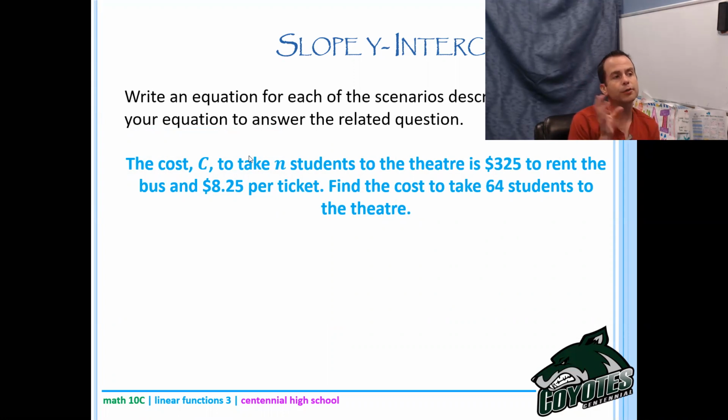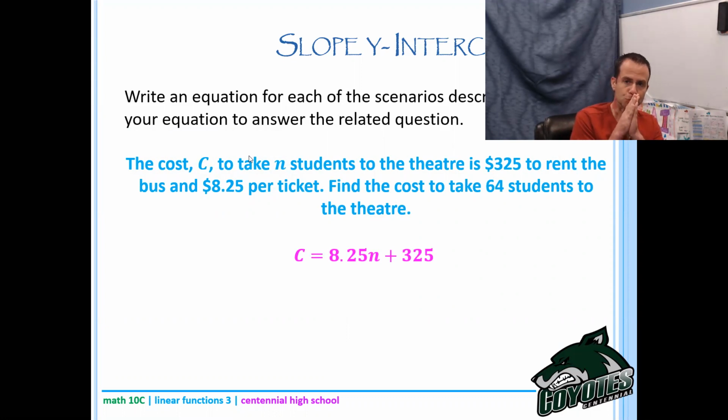So when you're creating the equation, remember in our last unit, we talked about creating the equation, and it was always the dependent variable equals the rate times the independent variable plus the initial cost, or the cost of nothing. So in this case, the cost of nothing is the $3.25. Then it costs $8.25 per ticket, so that'd be $8.25n. So we've got C equals $8.25n plus $3.25.